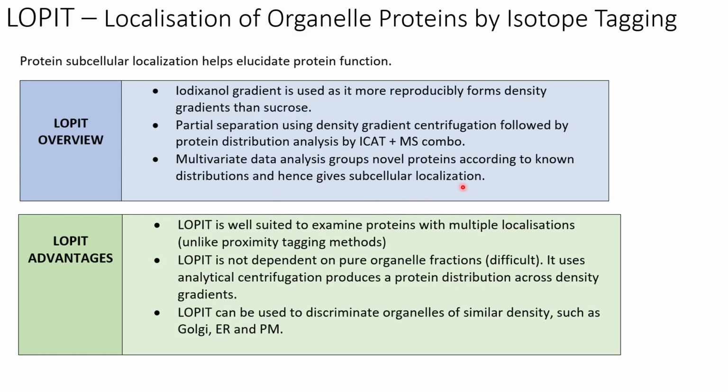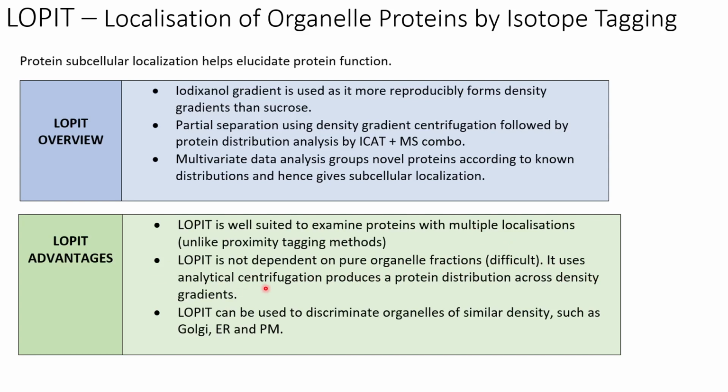the subcellular localization. So the main advantages of LOPIT are that it's well suited to examine proteins with multiple localizations, and this is in contrast to proximity tagging methods. LOPIT is not dependent on pure organelle fractions, and this is its main advantage.